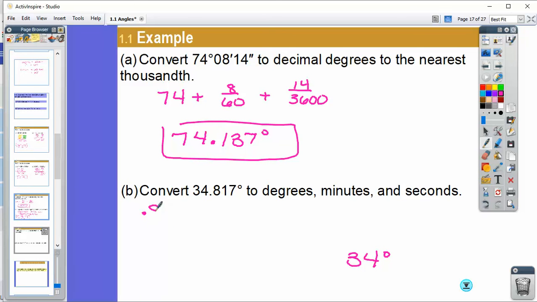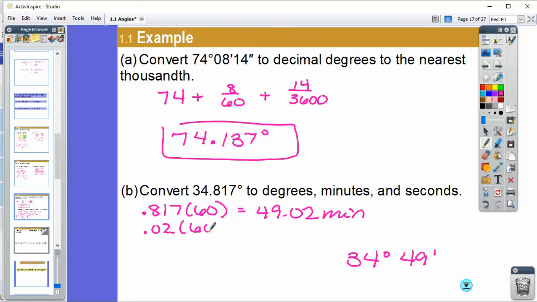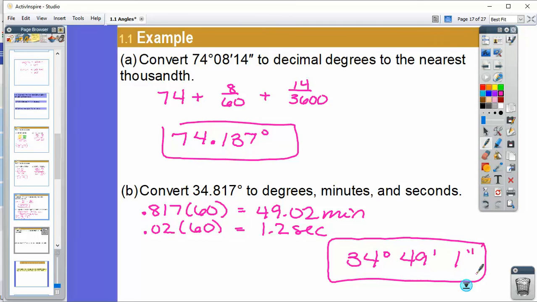To get your minutes, you take your decimal times 60. You get 49.02 minutes. So that's 49 minutes. To get your seconds, you have 0.02 of a minute. Take that times 60 and you get 1.2 seconds. So that just rounds to 1 second.